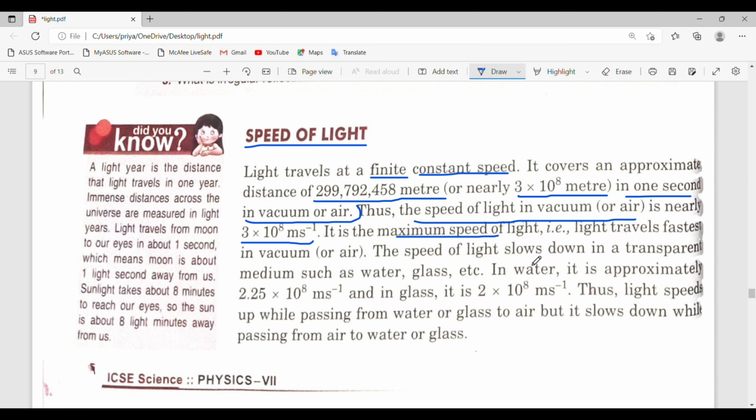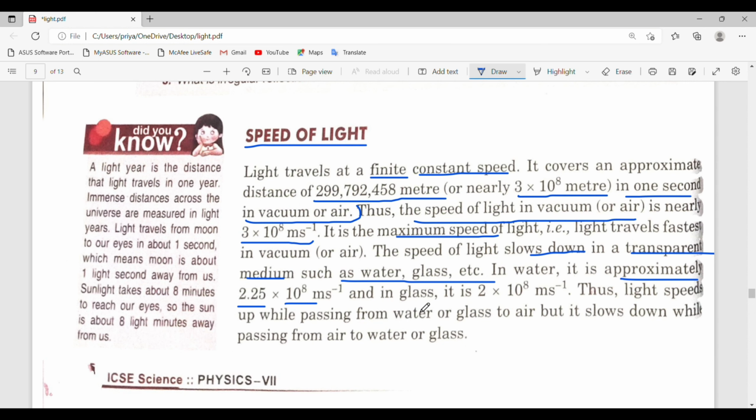और लाइट स्लो डाउन कब होती है? जब वो ट्रांसपेरेंट मीडियम में हो, जैसे कि वाटर, ग्लास एक्सेट्रा. और वाटर में जो अप्रोक्सीमेट लाइट की स्पीड है वो कितनी हो जाती है बेटा? 2.25 into 10 to the power 8 meter second inverse.